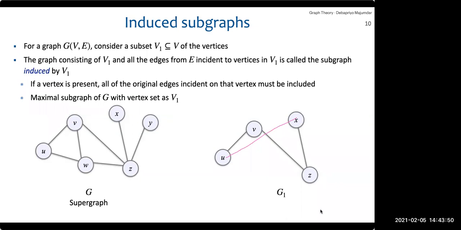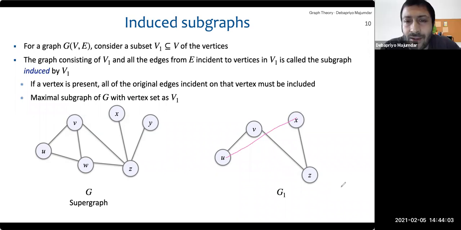Sir, when we added an edge from U to Z, is it necessary that the labels should also be the same for a subgraph? Up to isomorphism, it is not necessary. Sometimes we will consider things modulo isomorphism and say two graphs are the same, but here we are not.